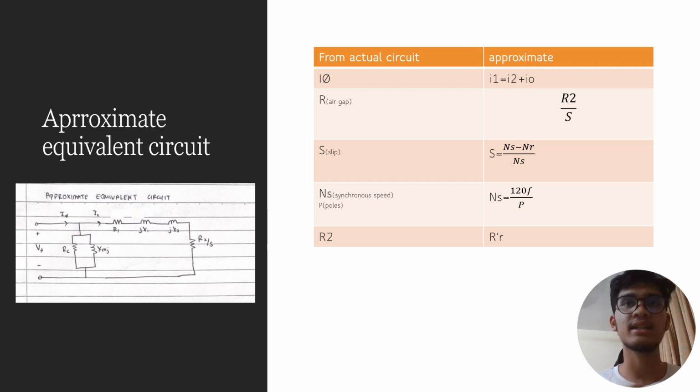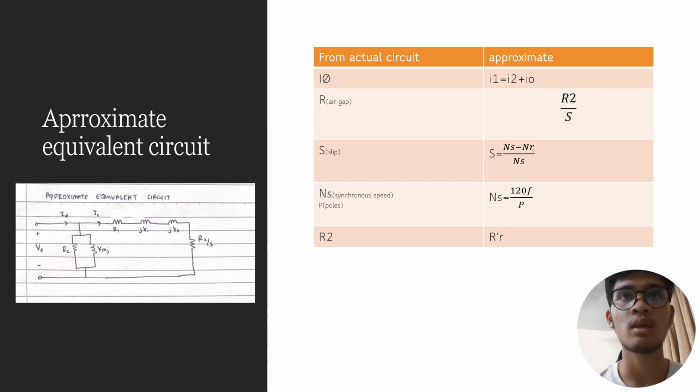So from the slide, these are the parameters from the actual circuit and the approximate circuit. I phase is equal to I2 plus I node. I node is the current that goes through the RC and the inductor.